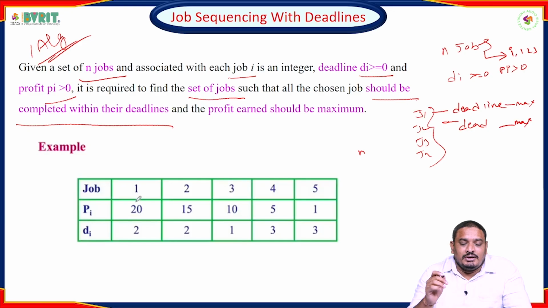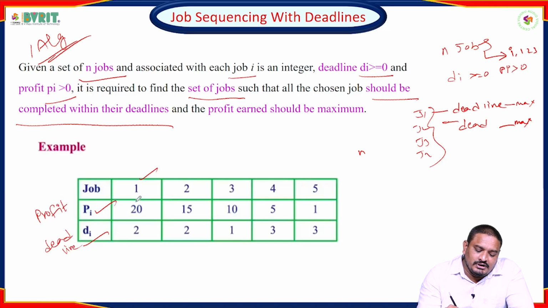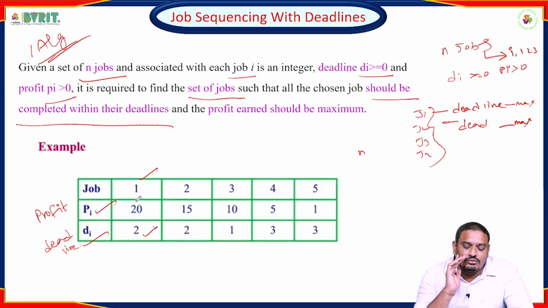See this example for the job sequencing algorithm. Here there are 5 jobs. Each job has some deadline and also some profit. Job 1 is completed with deadline 2 and earns some profit.